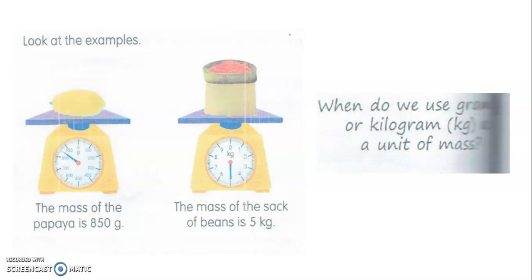We can say that for the small items we use grams, and for the larger items we use kilograms, because if you see here, the papaya is smaller than the sack of beans, so it doesn't even reach 1 kilogram.